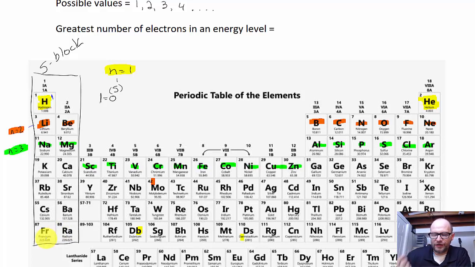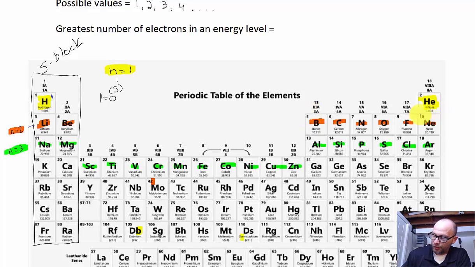It's also easy to figure out how many electrons fit in an s orbital by counting how big the s block is. I have 1, 2 elements as I'm going across it. There are 2 electrons that can fit in the s block, or in an s orbital.